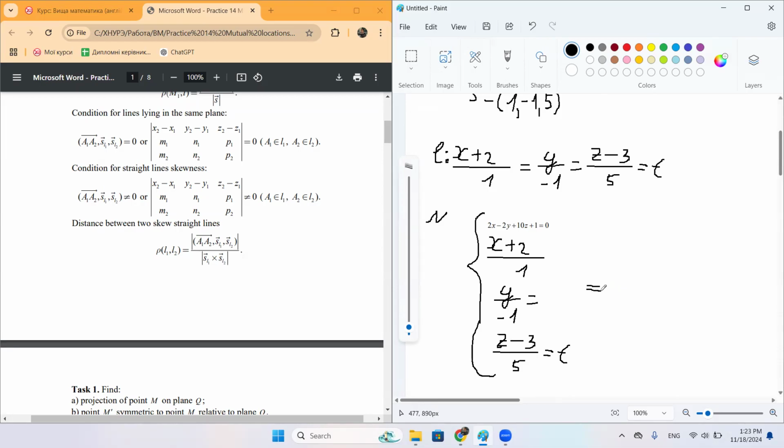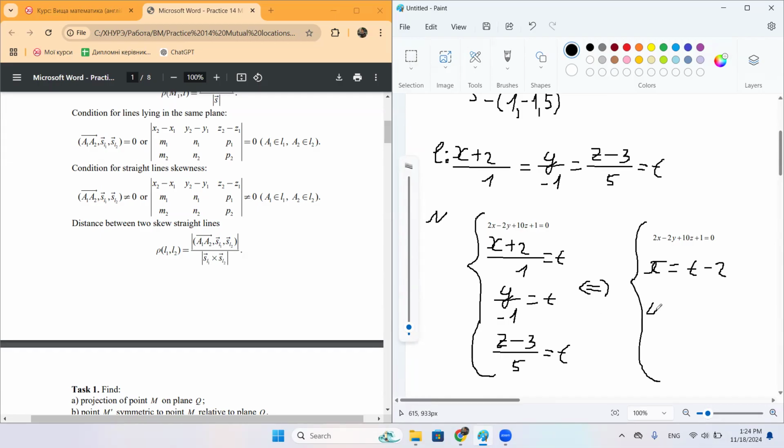And now we will do the same that we were doing before. This equation will remain without changes for now. So x, so everything equals t. So x plus 2 equals t, and so x equals t minus 2.